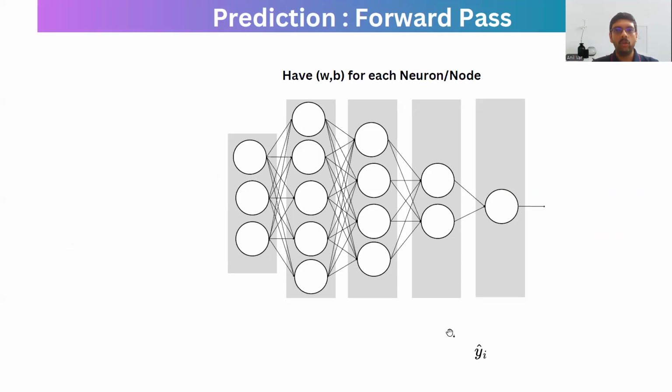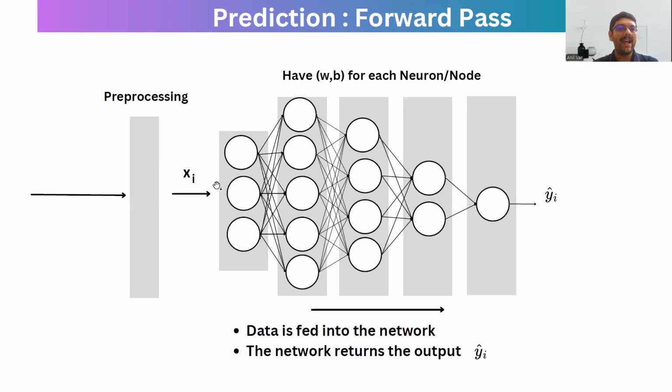Great. So what do you do if you have such a neural network and you have to predict something? The output is called yi for a given input or a given case i, right? And so what happens is you first take the raw data. Now, typically, you would have to do some pre-processing on it. So, for example, a neural network takes in numbers, right?